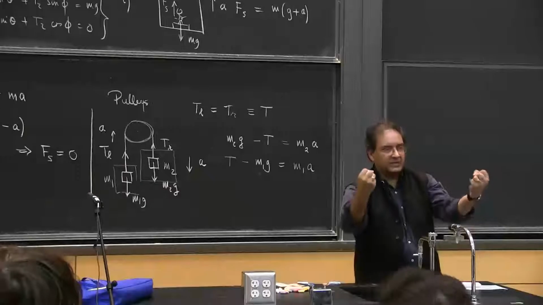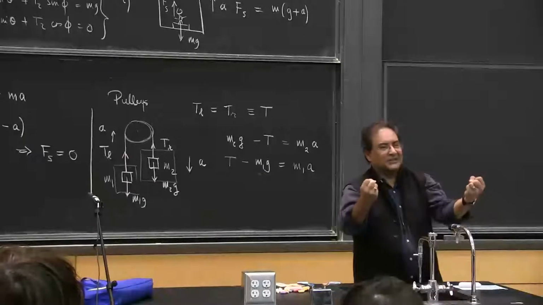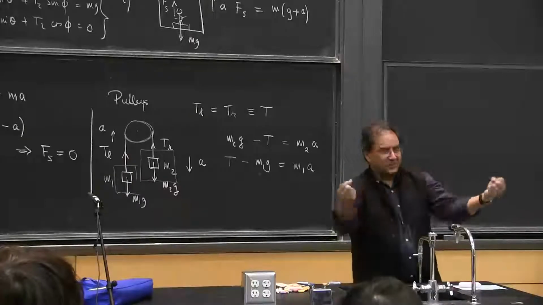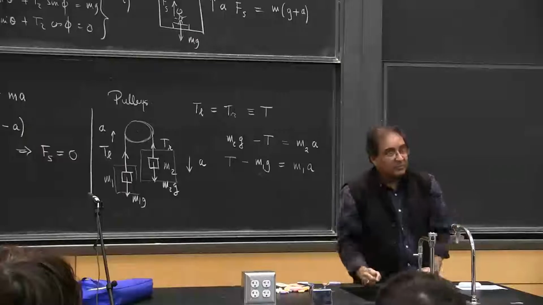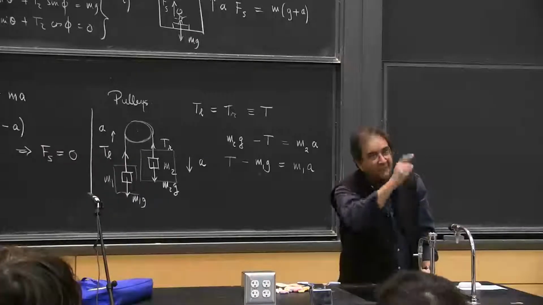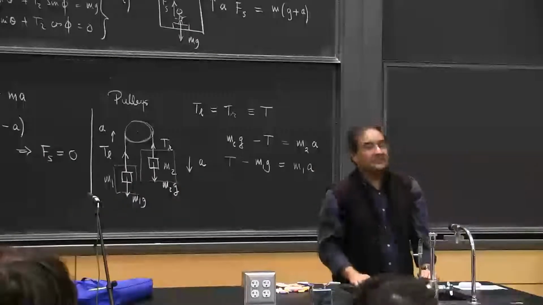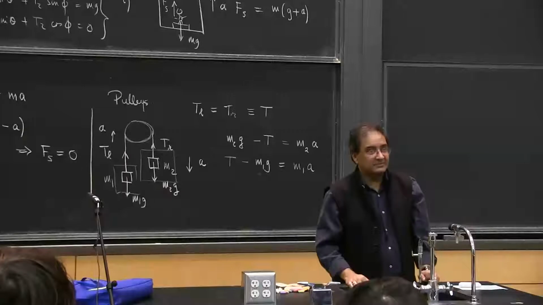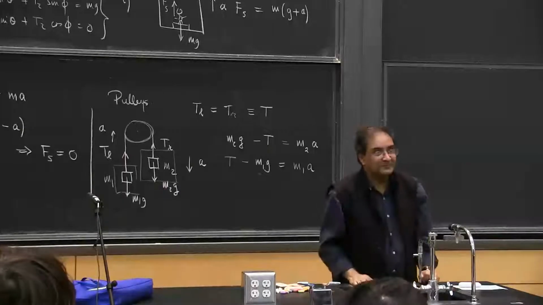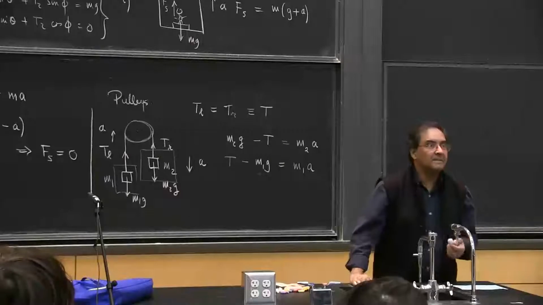Only if the two masses are the same would the tension and the two weights be the same. But that doesn't mean it's not going to move. That only means it can't have acceleration. But even with zero acceleration, you can have velocity. So it can still move. You've got to be careful. All right? Any other question?